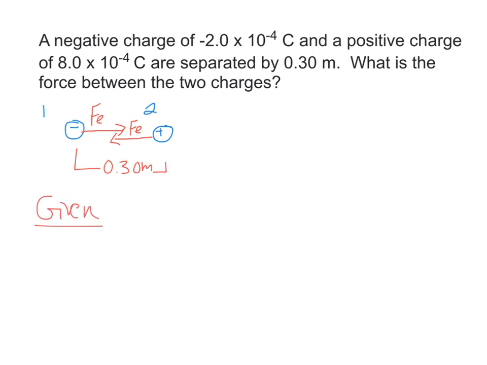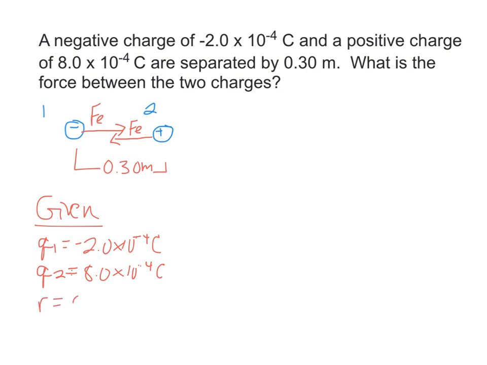So our given information, doesn't matter what you call Q1 and what you call Q2. So Q1 is equal to negative 2 times 10 to the negative 4th coulombs. Q2 is equal to 8 times 10 to the negative 4th coulombs.